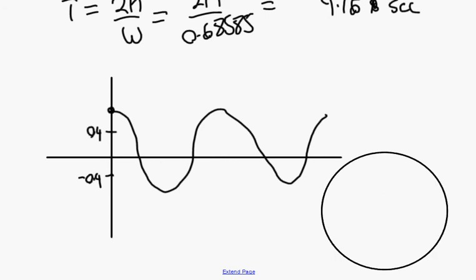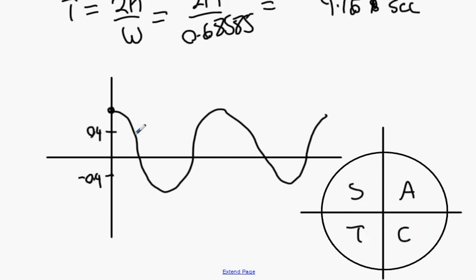So ASTC, simple harmonic motion, the math is based very closely on circular motion, believe it or not. Now you hit your 0.4 here. You go down. Cos now becomes negative.